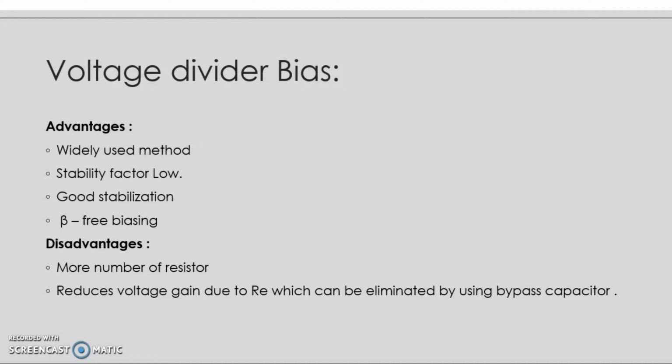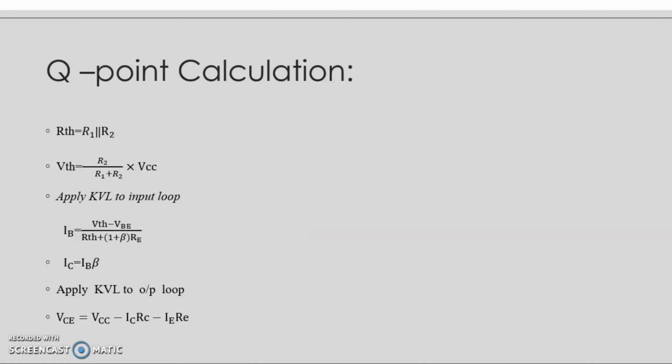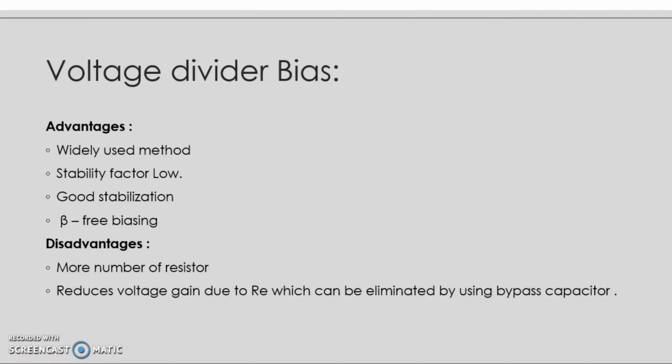If we remove beta from there, we make IC independent of beta, hence it is called beta free biasing. The disadvantage is that here we are using more resistors, but as we are getting the benefit of good stability, we can tolerate this.